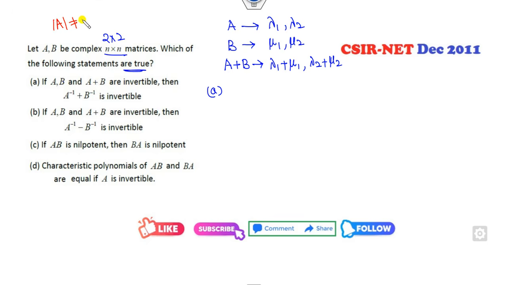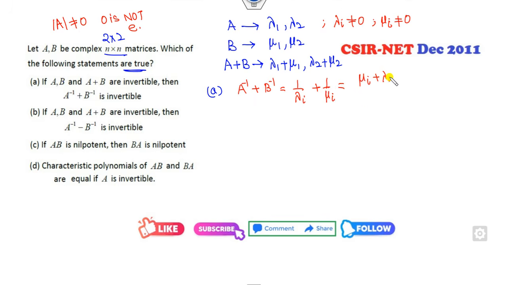Invertible means the determinants are non-zero, that means 0 is not an eigenvalue. So each of the lambda i's is non-zero, each of the mu i's is non-zero. Then what are the eigenvalues of A inverse plus B inverse? That means 1 over lambda i plus 1 over mu i, so mu i plus lambda i over this number. Now since both the numbers are non-zero, this product will also be non-zero. So that means this is invertible.